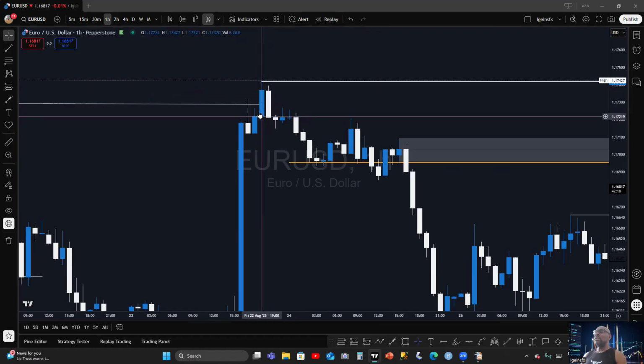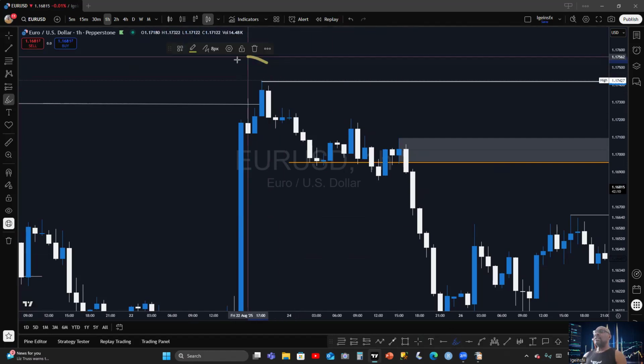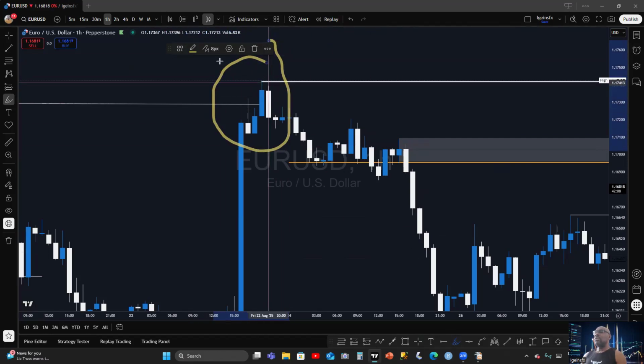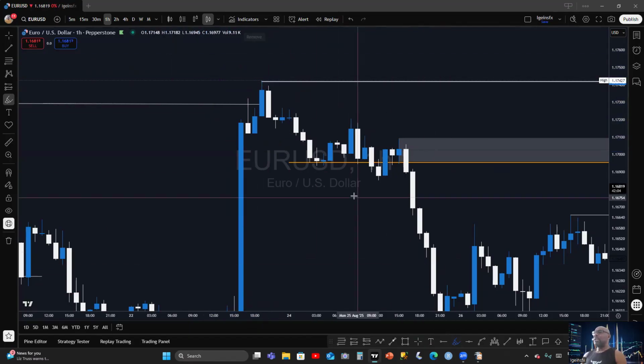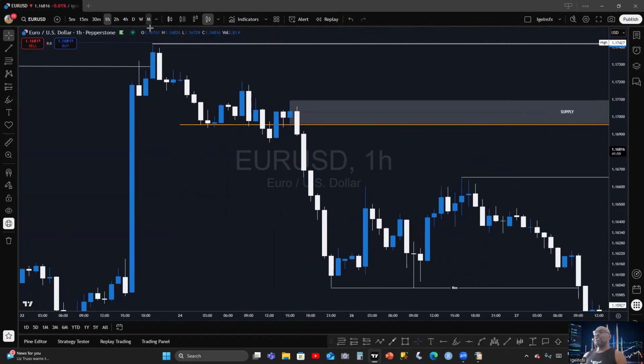Before it closed, it had engulfed this one. Once you see something like this, and this point here is a resistance level at the top, where price turned and started coming to the downside. As simple as that.